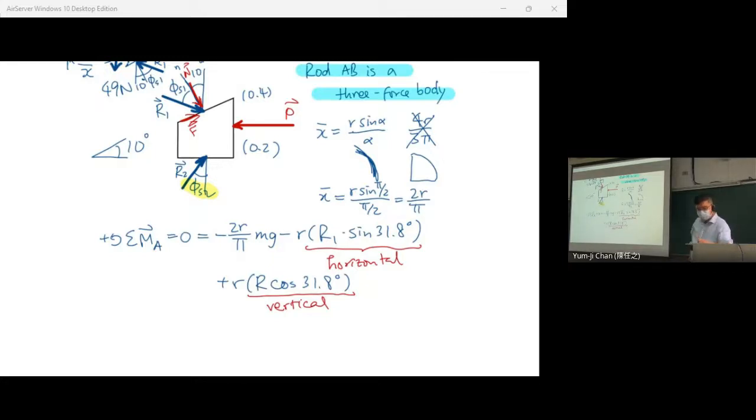And from here we have R1 is equal to 96.68 Newton. You don't need the angle now, but I just write it down.